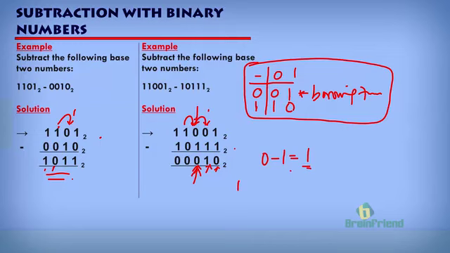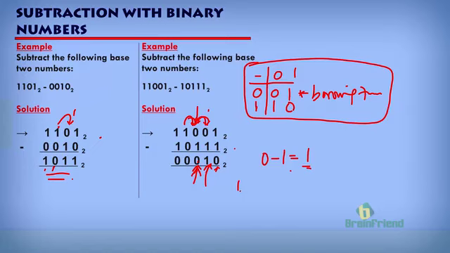But to do that, we had to borrow from here. So if 0 minus 1 is 1, that was the value. And then to carry out our operation on this column, we had to borrow that 1. So that 1 that was down here has been borrowed. And now what we have left is 1 minus 1, 0. That's why we have this 0. I hope we're clear. All right?